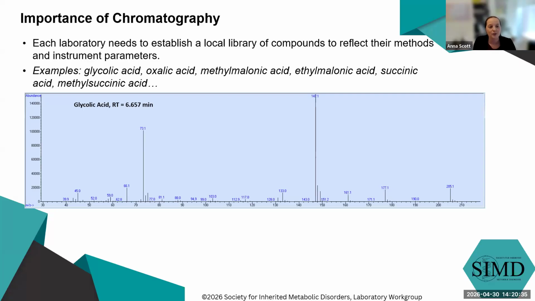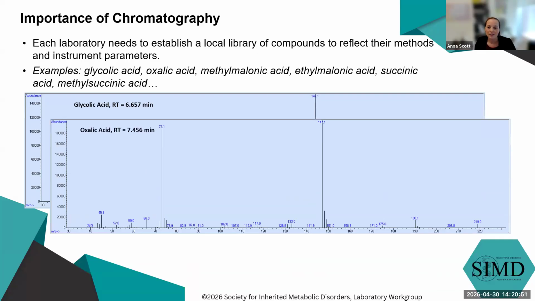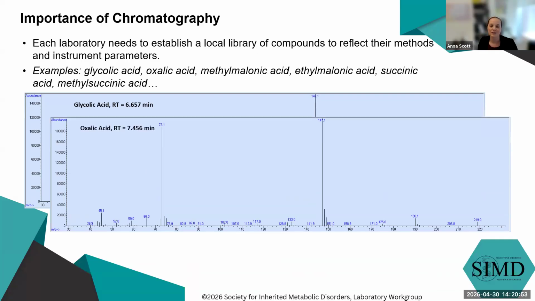I'm going to show you here a series of compounds where the retention time, abbreviated RT, is absolutely essential for correctly identifying these. So glycolic acid, normal urine metabolite at low abundance. It comes out early in our system. Notice we've got the same mass fragments of 73 and 147.